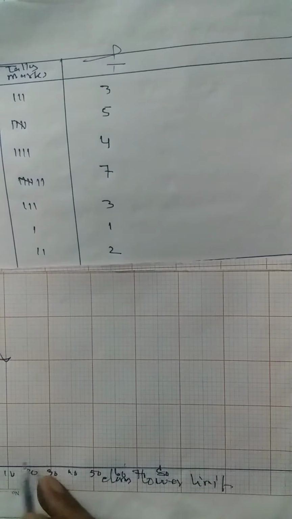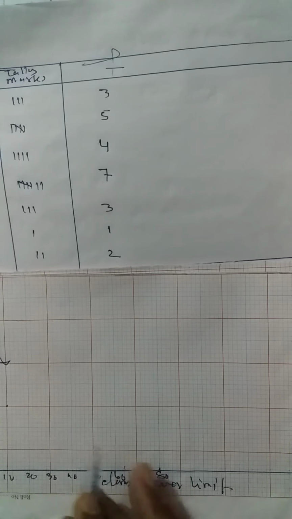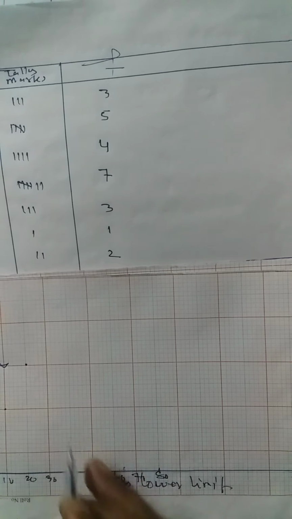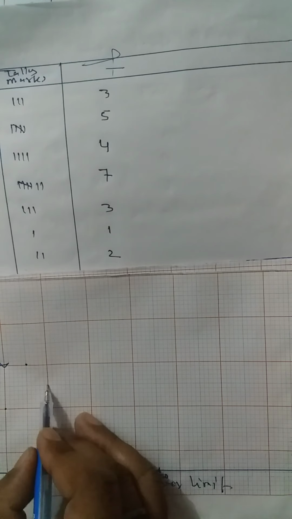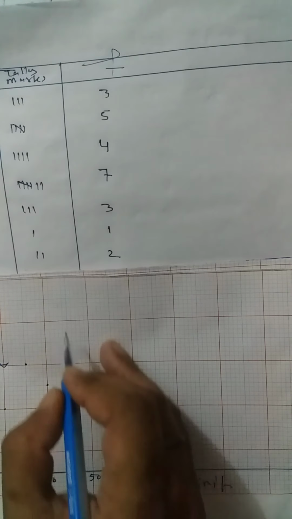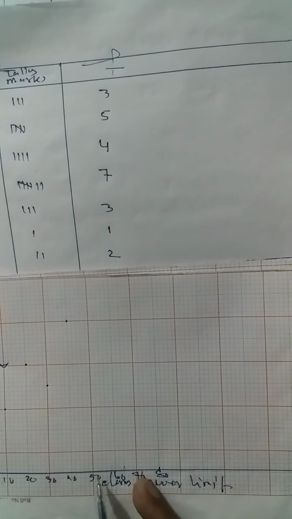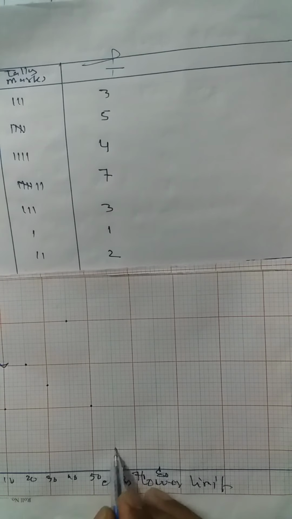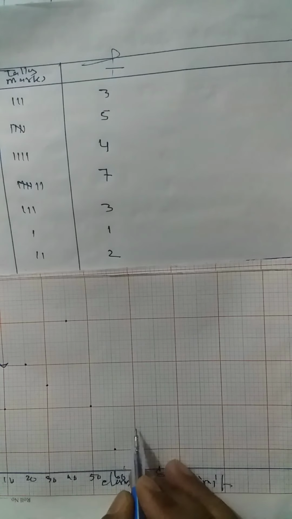So 10 to 3, give the points. Then 5, give the points. Then 4, then 7, then 3, then 1, then 2.